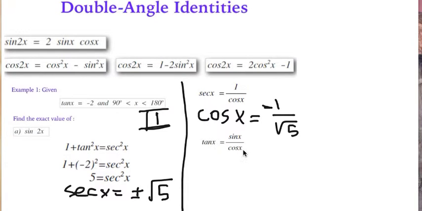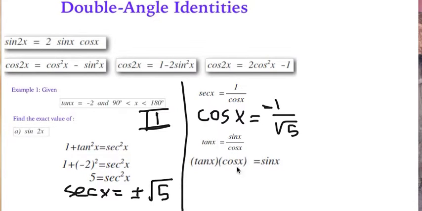Multiply both sides by cosine to get tangent x times cosine x equals sine x. You get tangent times cosine, and cosine cancels cosine, you get sine x.